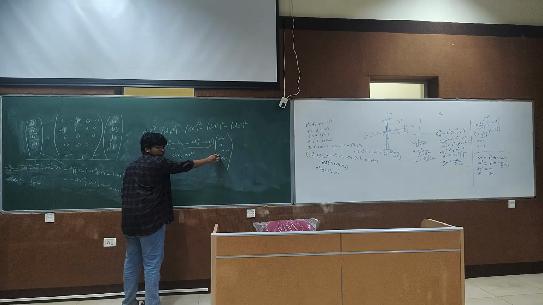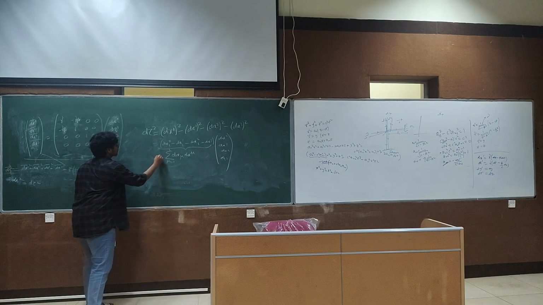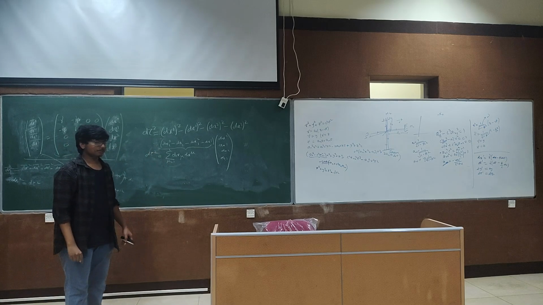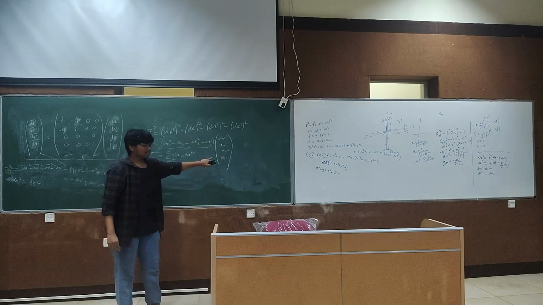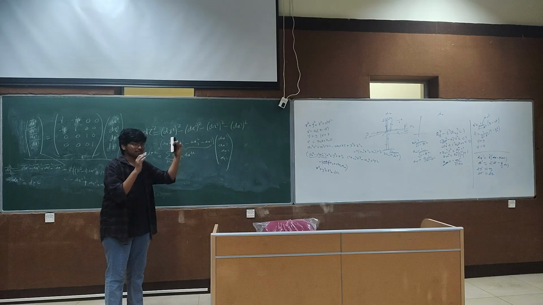If I sum over this, I get ds square. Sorry, d tau square. So this represents this vector, this represents this vector. It is more like the transpose vector. Get it?